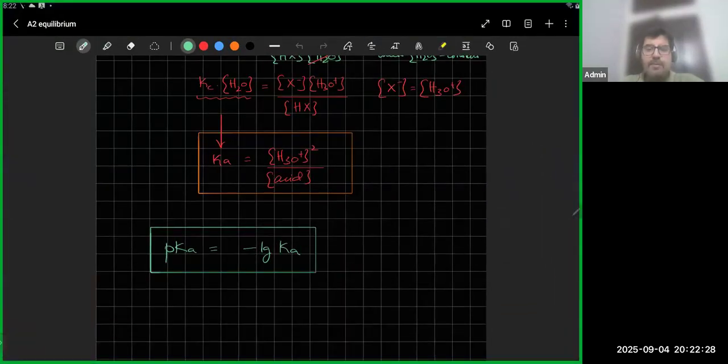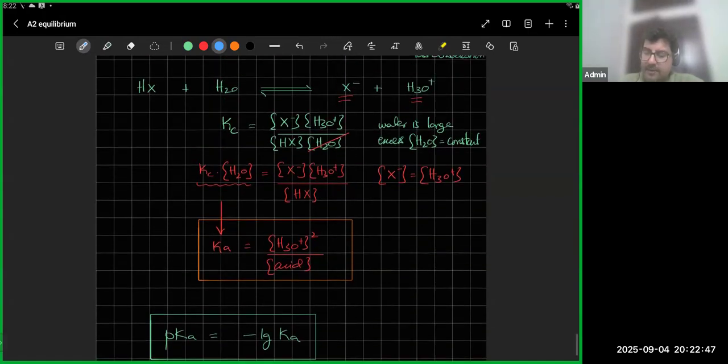But there's one problem with this. If K is large, I told you that the acid is going to be a strong acid. There's going to be more dissociation if K is large. You're going to have more products if K is large.